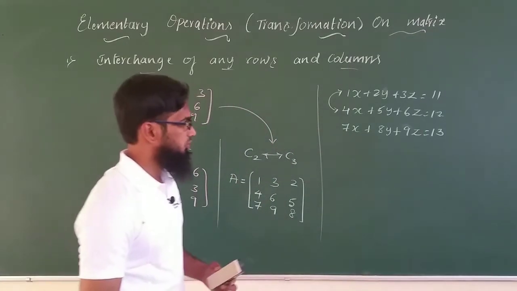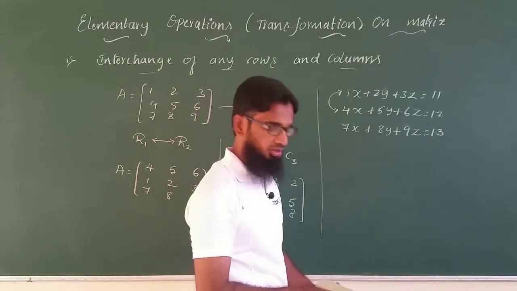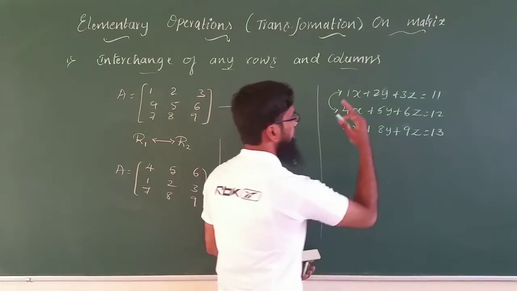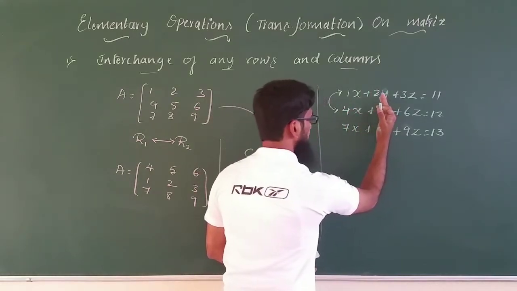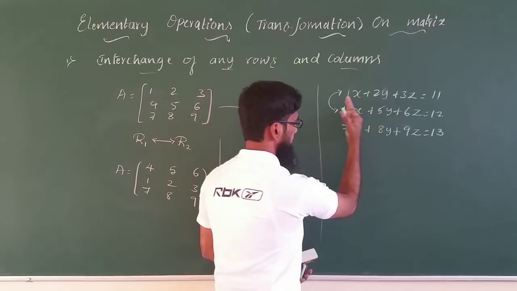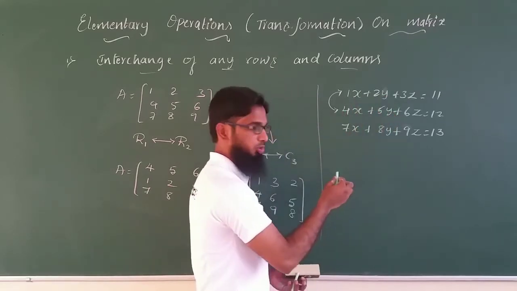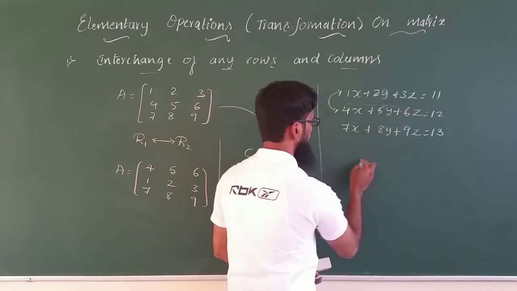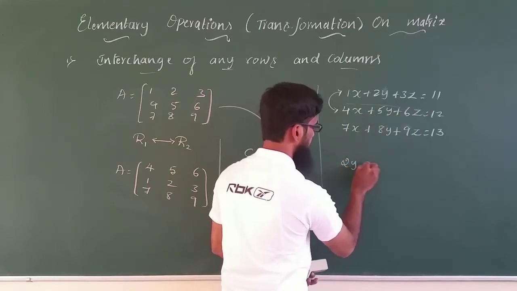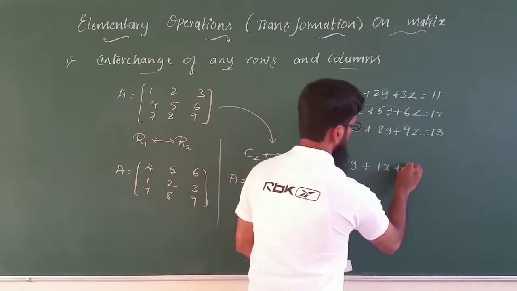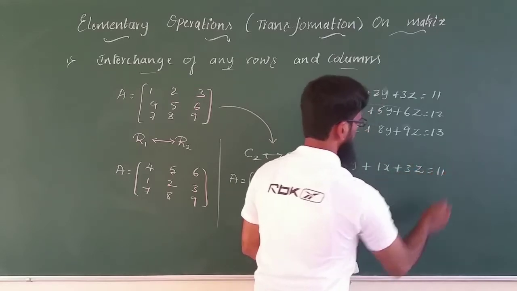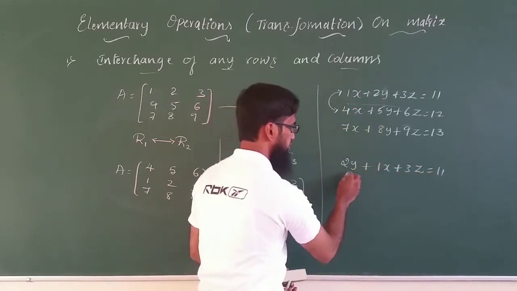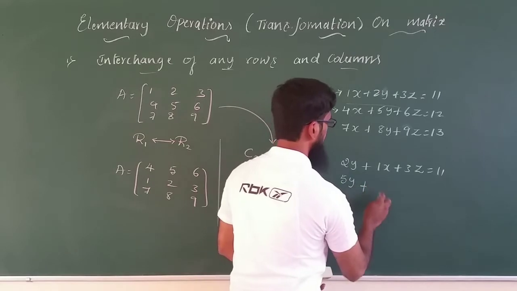For example, if I take the same system of linear equations and write the y factors first, in the place of the x position. For example, if I take the first equation and write it like this, 2y plus 1x plus 3z is equal to 11. Similarly, if I write the second equation in this format, the y term should be first.